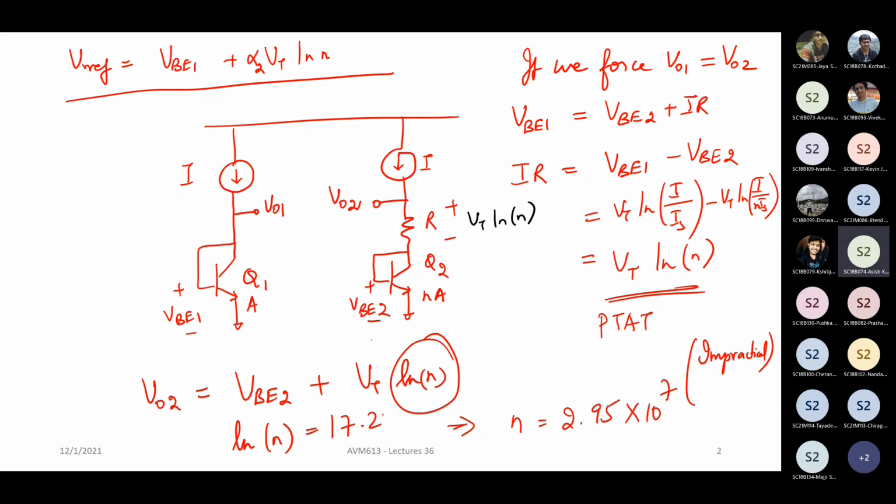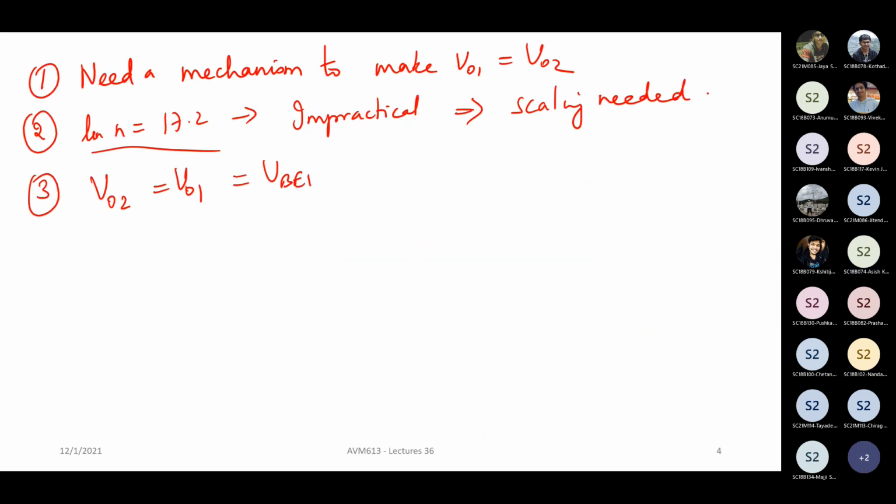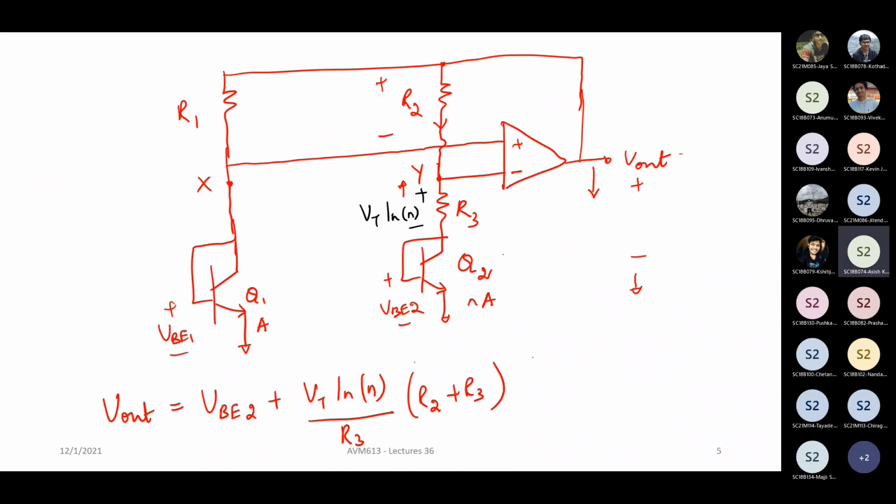Sir, can you explain that negative feedback again? Okay. So the negative feedback, basically, it is like this. Suppose this node voltage Y is going to increase with temperature. Now what should your op amp basically do? The op amp should work in such a way that this node voltage Y comes down, right?